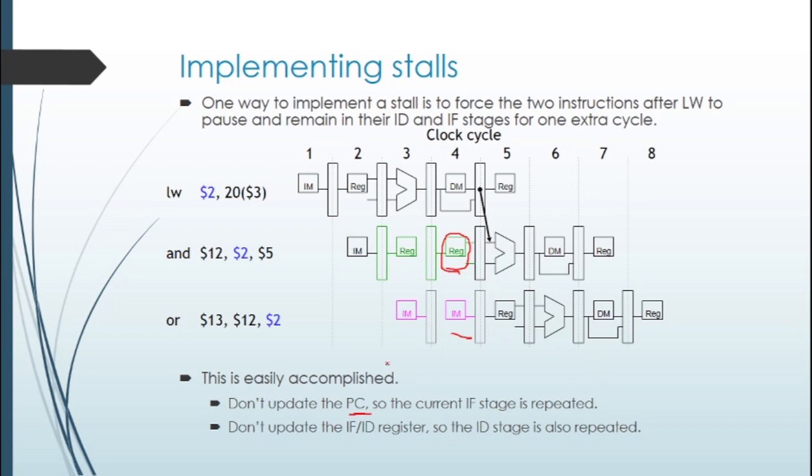The second thing is we don't update the IF/ID register with the new instruction, so the IF/ID register is also not written. If we do these two things correctly, the instruction is held and a stall is implemented.